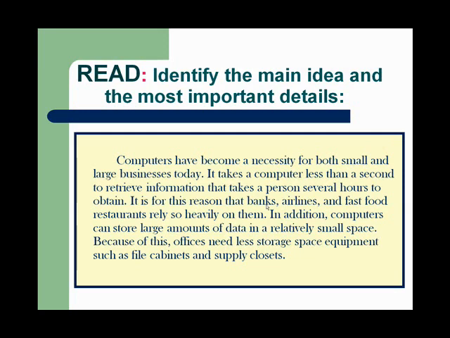It is for this reason that banks, airlines, and fast food restaurants rely so heavily on them. In addition, computers can store large amounts of data in a relatively small space. Because of this, offices need less storage space equipment, such as file cabinets and supply closets.